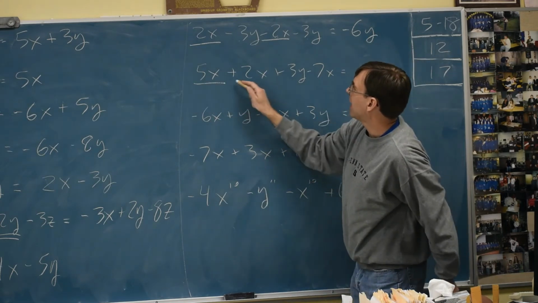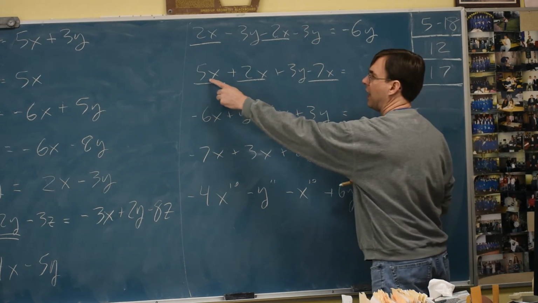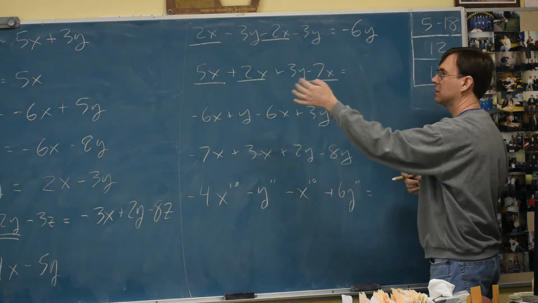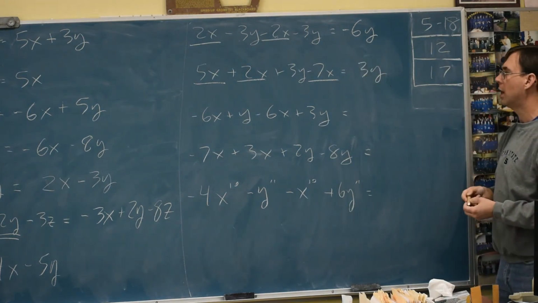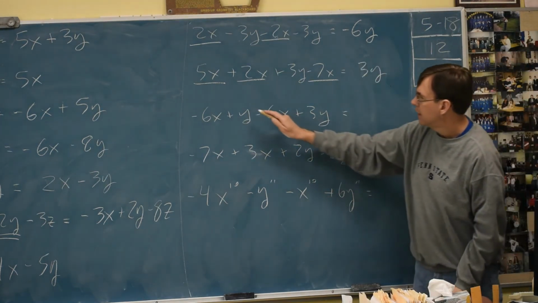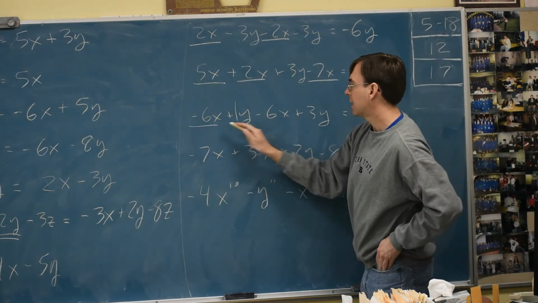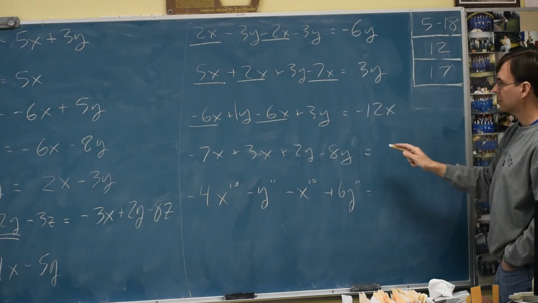Here I have x, x, and x. So if I go 5 and 2, that's 7. But a -7 with a +7 is an elimination. It just leaves me the 3y. Here I need to remember a 1. -6 and -6 is -12 x's.